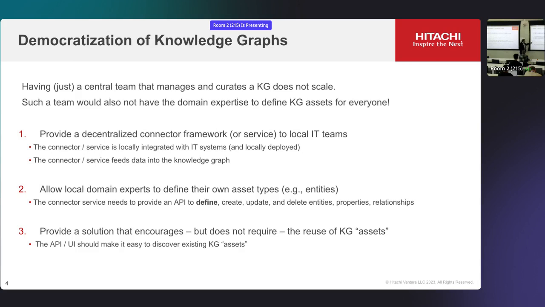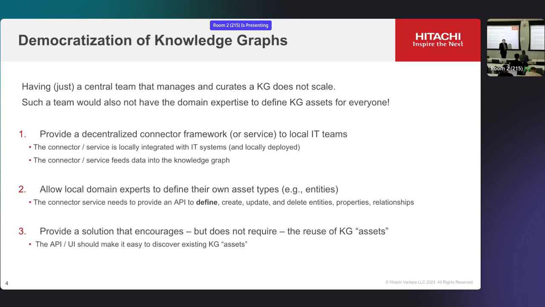But I don't think it's enough. As I mentioned earlier, if you just take all the metadata that you have from a particular system, let's say it's SAP or Salesforce or whatever it is, or the storage environment, and populate it into a knowledge graph, you get a lot of stuff in the knowledge graph.